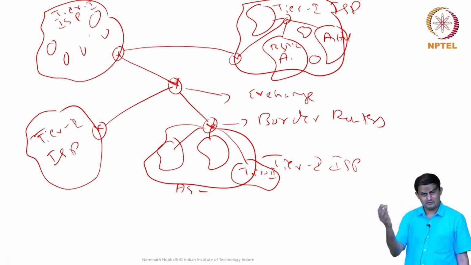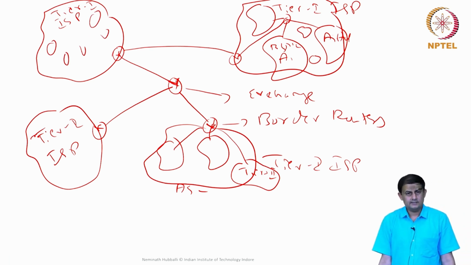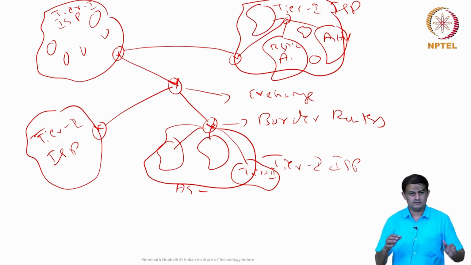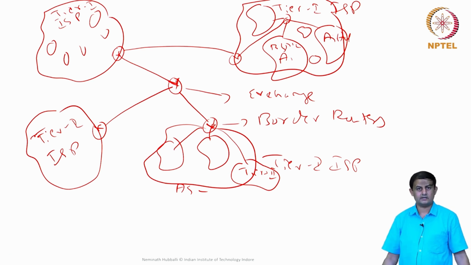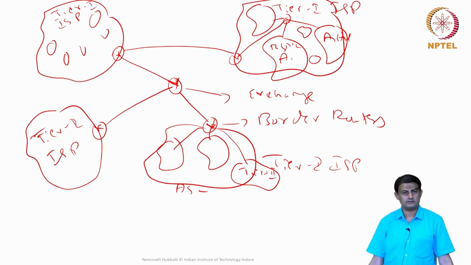Earlier days, or even now also, the cable network operators sometimes provide internet services. They might have presence in one small city or some small districts, a very limited area they cover. Such internet service providers are called tier 3 ISPs.